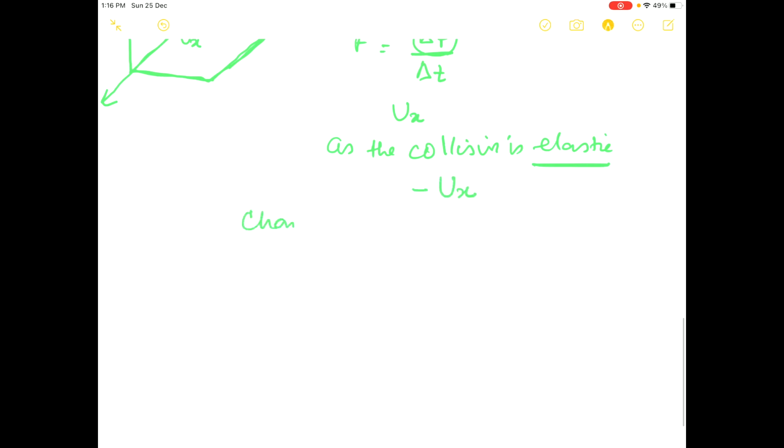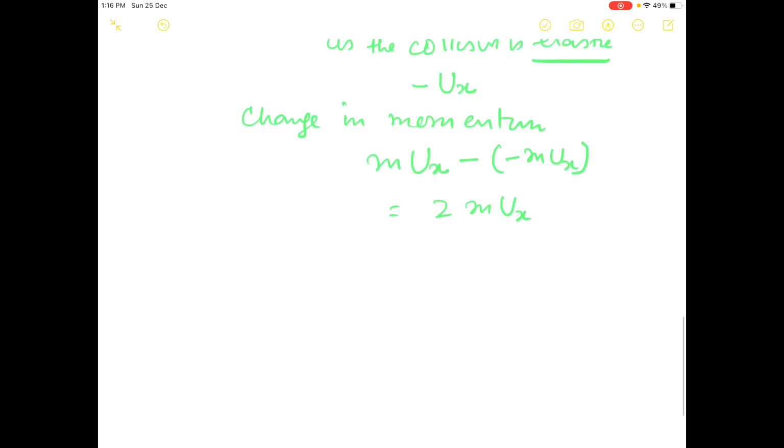Then the change in momentum will be mux minus (minus mux), that is 2mux.